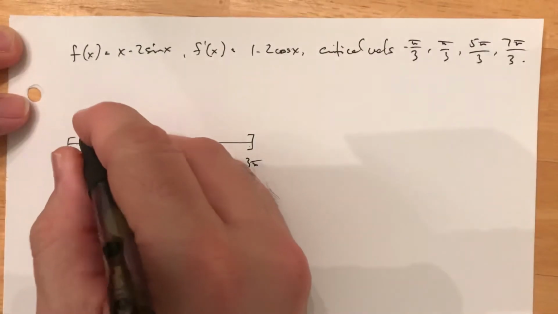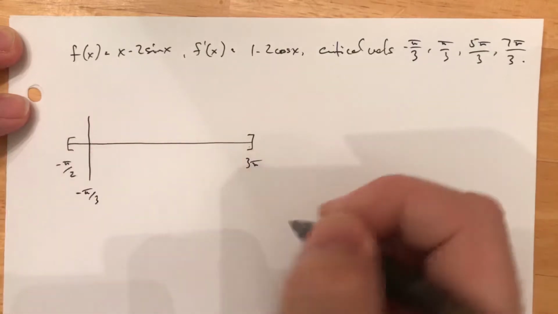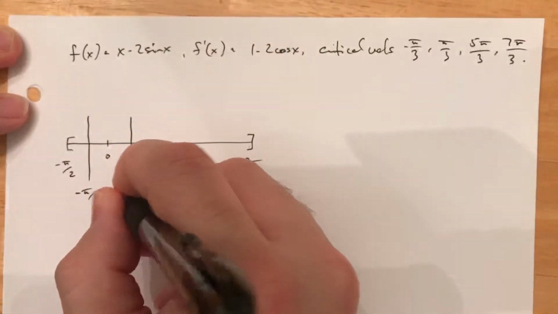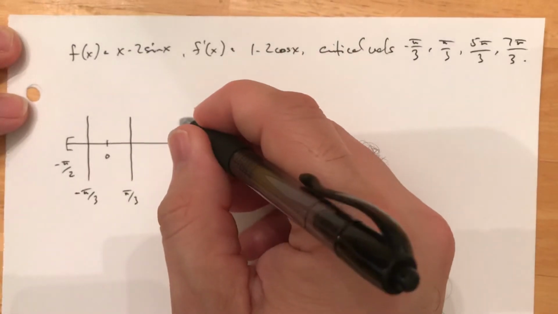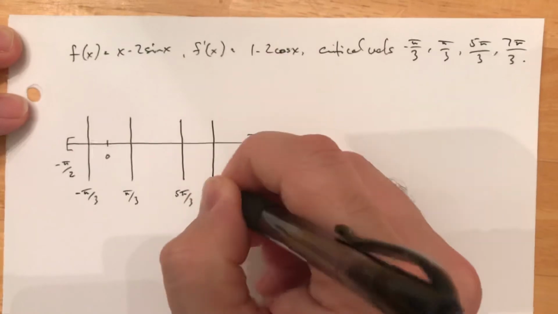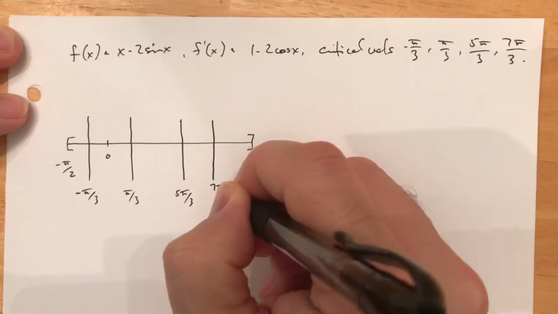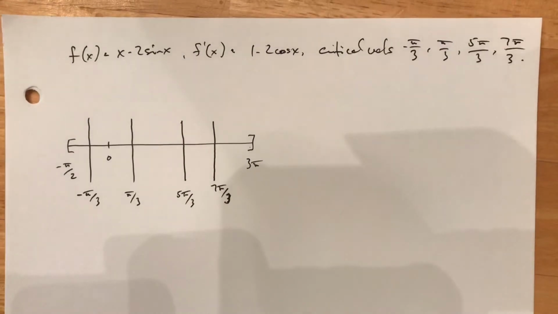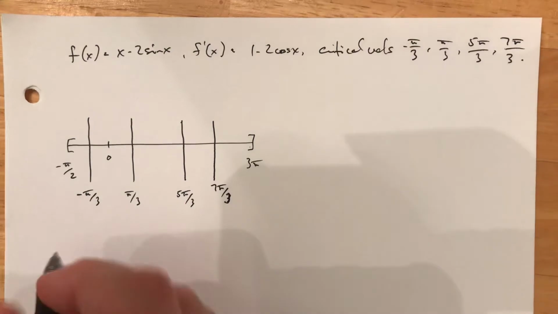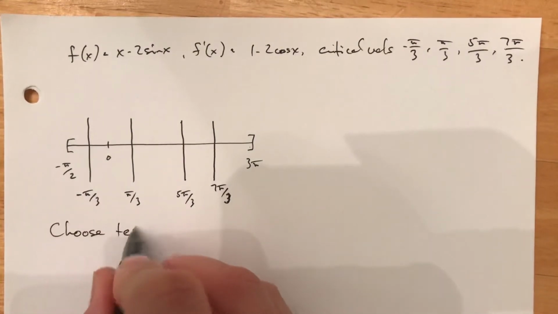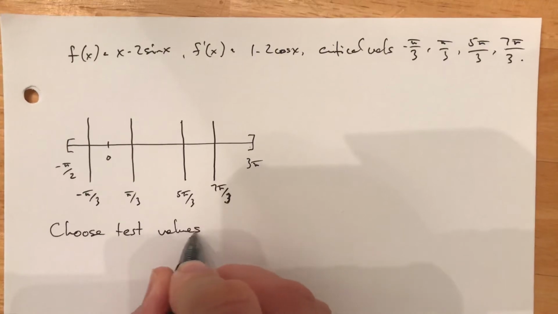Negative pi over 3, and then 0, and then pi over 3, 5 pi over 3, and 7 pi over 3. This is going to give us all of these intervals that we need to work with, and we can start to choose our test values.